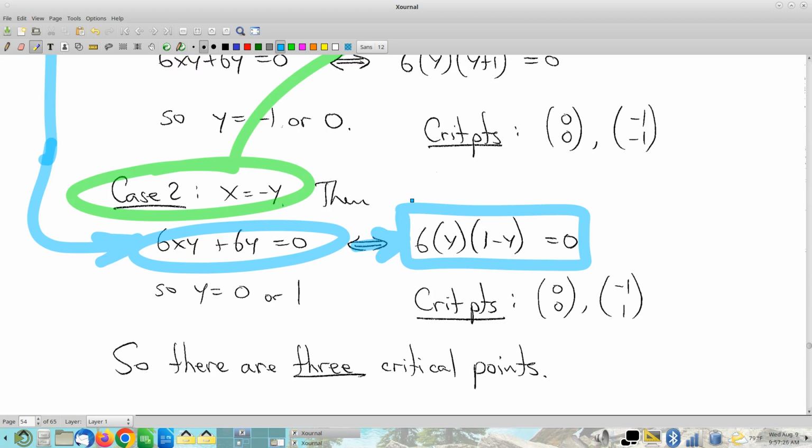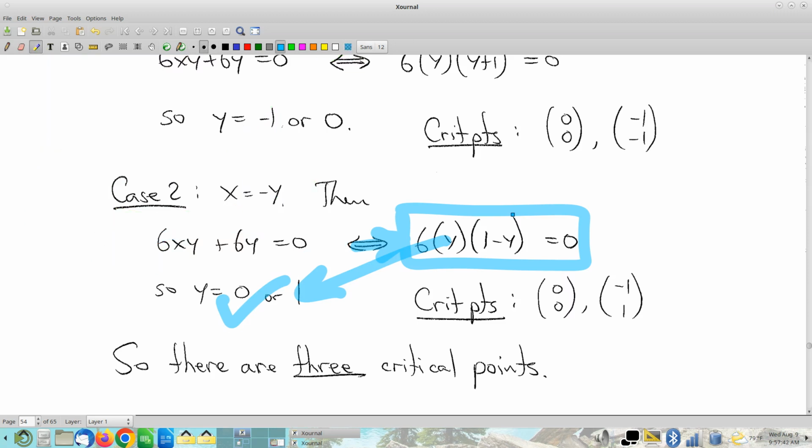Now, just think about what happens. If x is equal to negative y, then that first term is negative 6y squared, not positive. So you get a little bit of different algebra to solve that gives you different values for y.